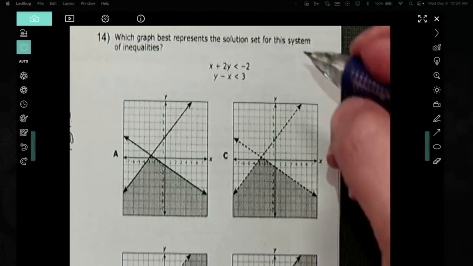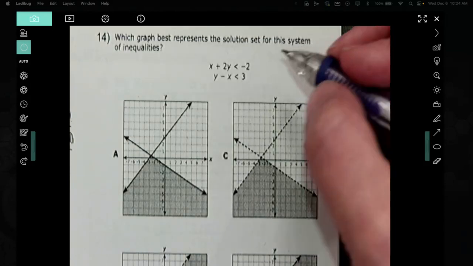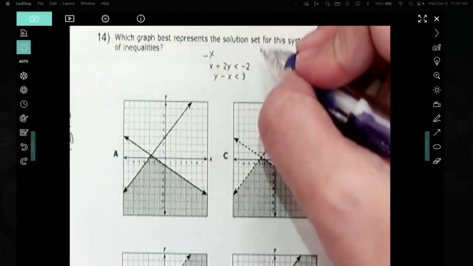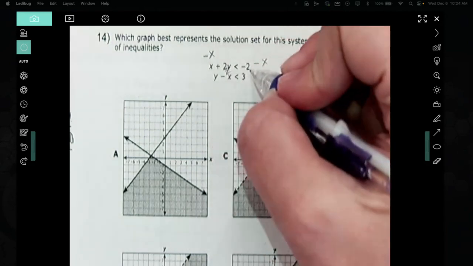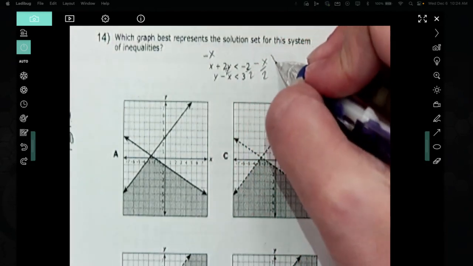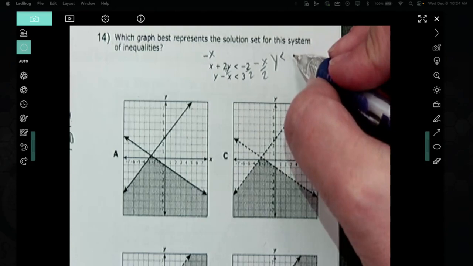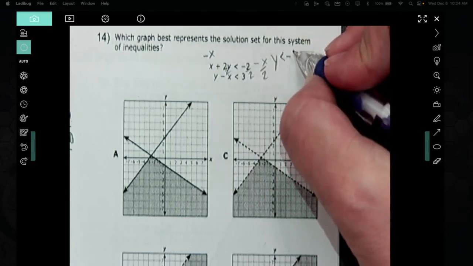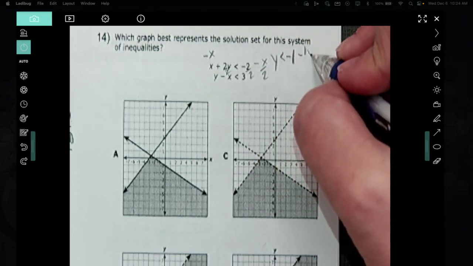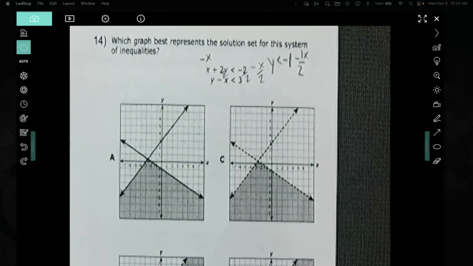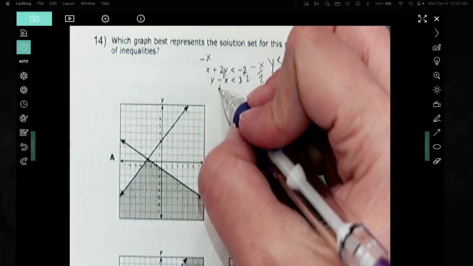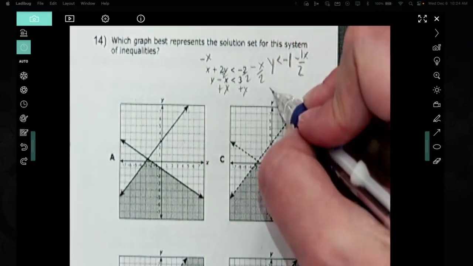Okay. Which graph represents the solution set for the system? So you're going to have to do some graphing here, some changing, right? Minus x. Divide everything by 2. We did not divide by a negative, so we are not flipping. A negative divided by a positive is a negative. So there's the first one. I can add my x.